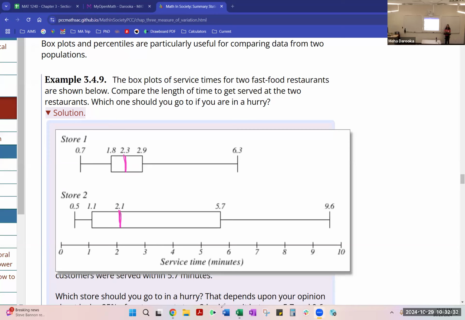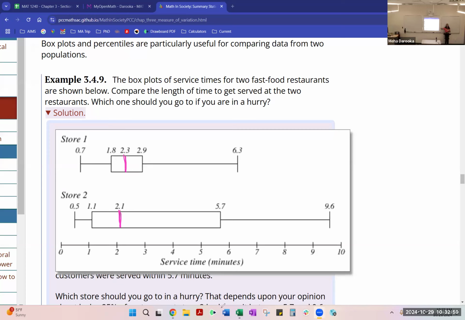Their median, or quartile two, is at 2.1, again a little bit quicker than store one. Samuel on Zoom is saying store one because it is more consistently faster, because store two does have that pull on the right-hand side.